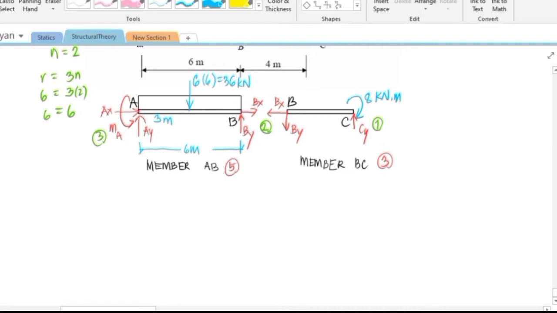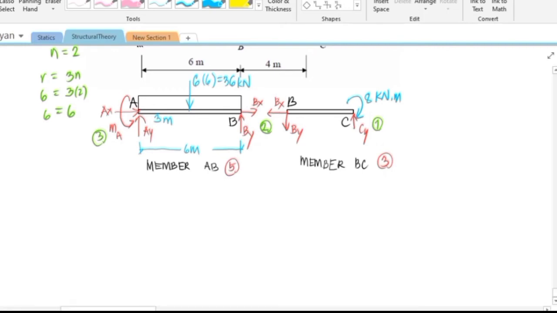Yung mangyayari dito is we are going to compute for the CY, the BX, and the BY. And then, pag nagkaroon na tayo ng value ng BX and the BY, those values ay itatransfer natin papunta dito sa member AB. So, yung BX at saka sa BY nung member AB ay magkakaroon na ng value. So, meaning, dito sa member AB, yung ano na lang natin ay yung reactions natin at point A, which is the AX, the AY, and the MA.